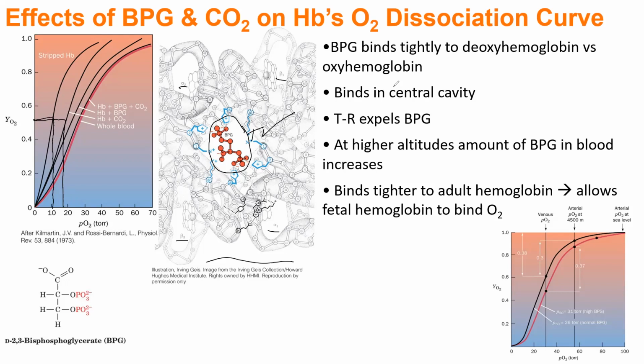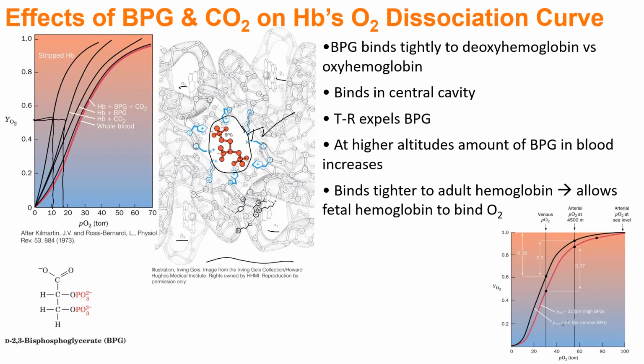And you might be asking yourself, why would we want a molecule that makes it hard for hemoglobin to bind oxygen? Well, there's a couple reasons for that. The first reason is shown on the chart on the bottom right.